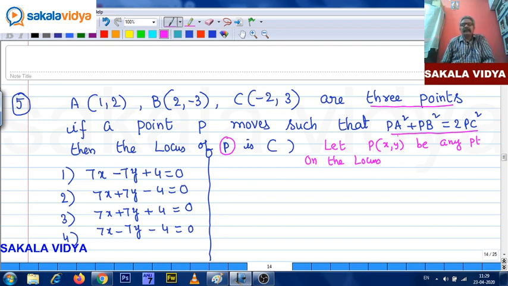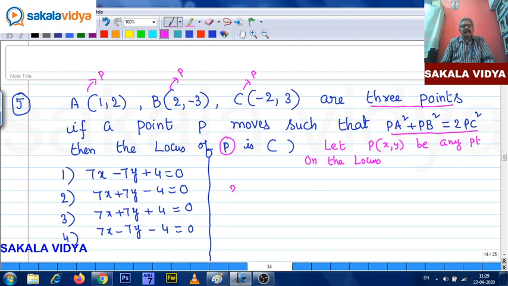So, now here PA square means distance from A to P, and B to P and C to P, you need to find out squares. That means here condition is PA square plus PB square is equal to 2PC square.